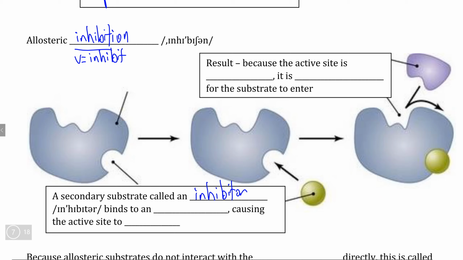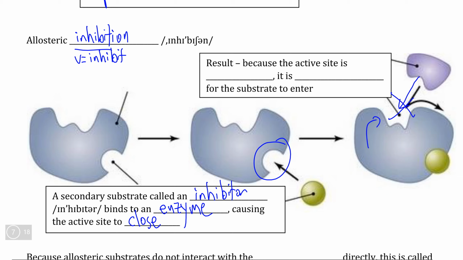And again, it functions more or less in the same way, but with the opposite consequences as an allosteric activator, in that it binds to an enzyme via the allosteric site, which we can see here, but instead of causing the active site to open and become more accessible to the substrate, it actually causes the active site to close and therefore become less accessible for the substrate.